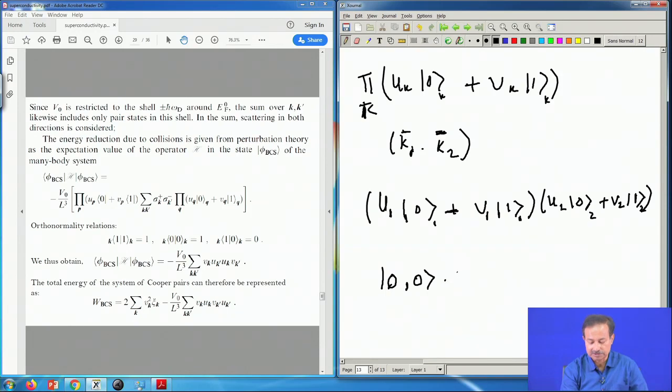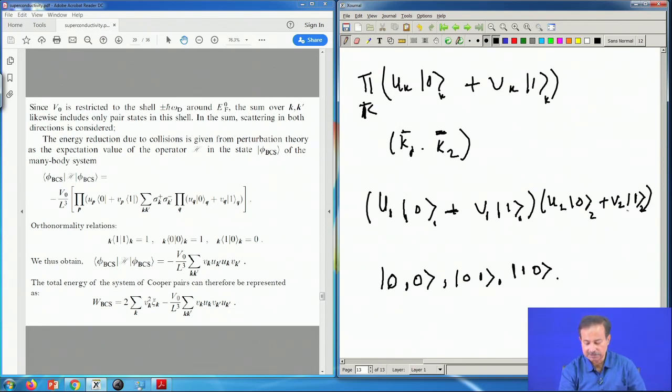So, the first state is unoccupied, but the second state is occupied. So, this is a state with 2 electrons, whose amplitude is u 1 into V 2. Similarly, V 1 into u 2 has 1 occupied and 2 unoccupied. It has 2 electrons again.